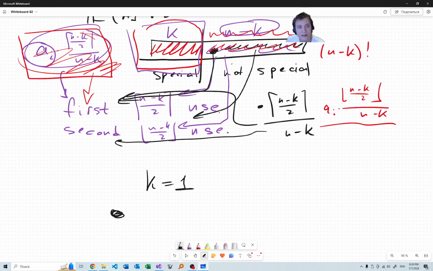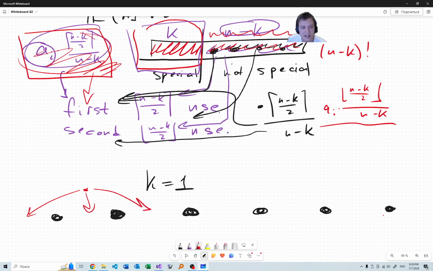Let's assume that we have these n minus k elements and they're just nails. So we have nails in the table. The only thing that matters for each of these k elements is between which two of these n minus k nails it fell.